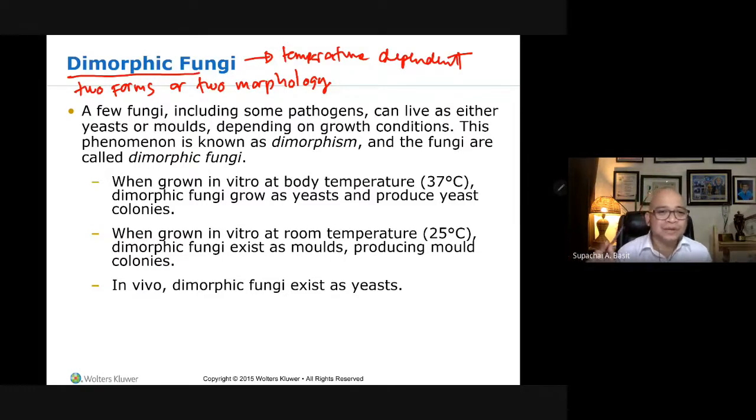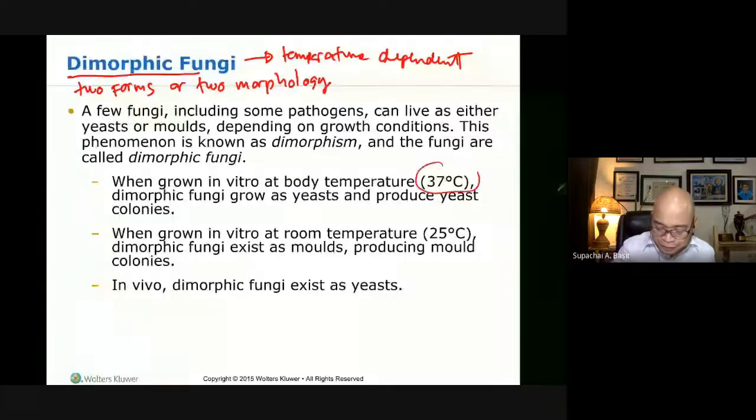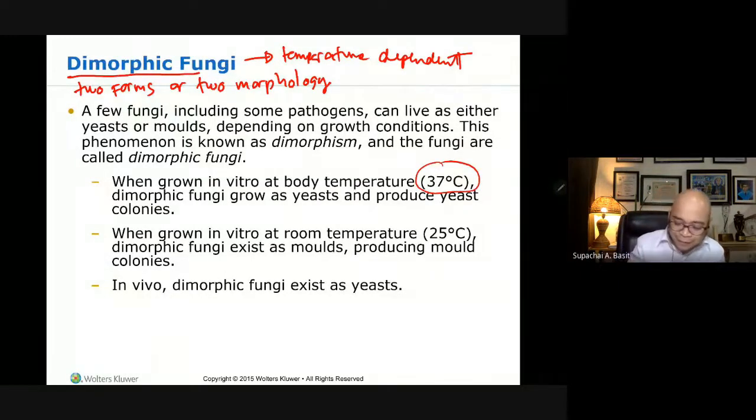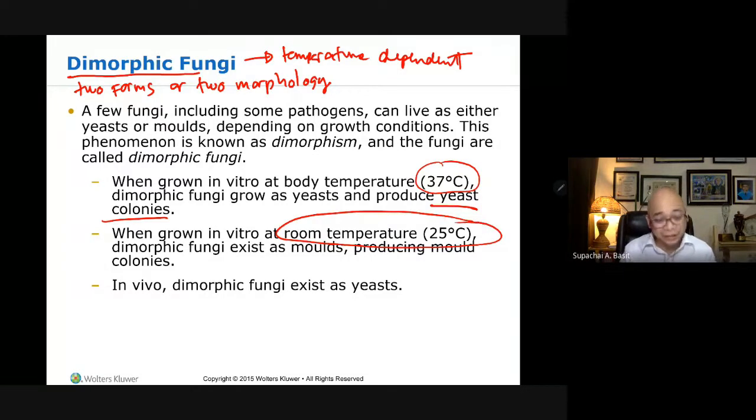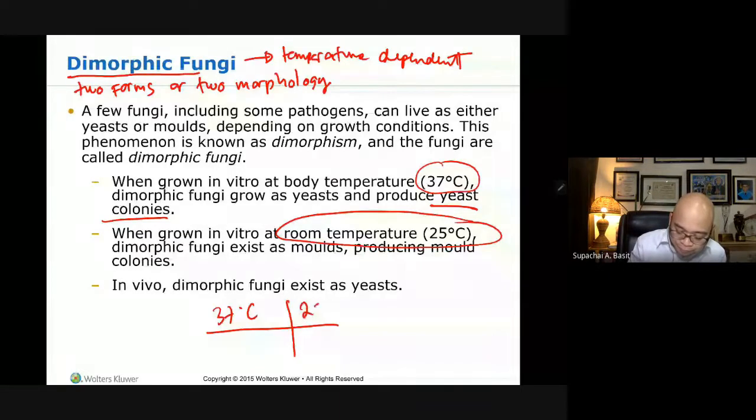Okay? So I said it's temperature dependent because some fungi, when they are inside our body and the temperature is 37 degrees, they become yeast. However, when they go out of our body and the temperature is at room temperature, they become a mold. Okay? So remember in dimorphism, at 37 degrees, they are yeast.